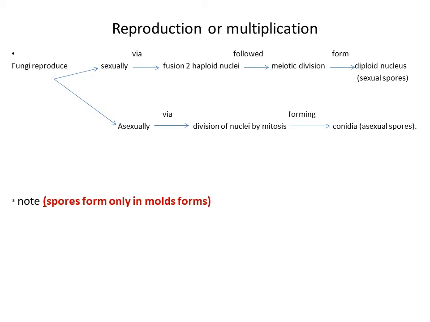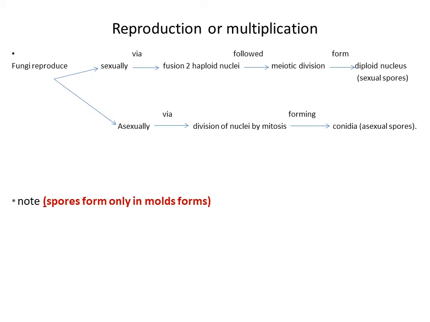Spores are microscopic biological particles that allow fungi to reproduce, serving a similar purpose to that of seeds in the plant world. Spores may be either sexual or asexual in origin.